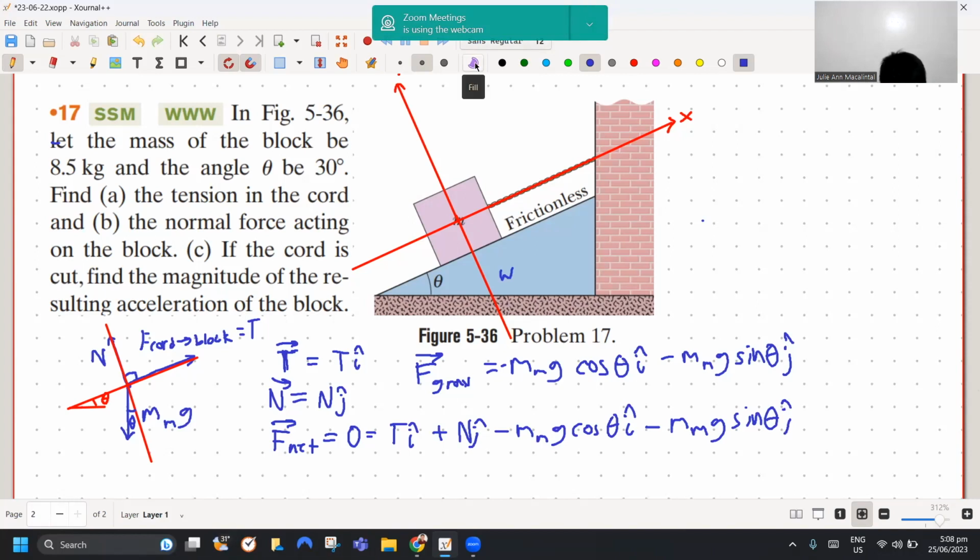Right, that equation can be written as two separate equations, one for x, one for y. So write down those two equations. The sum of the x components should be 0. The sum of the y components should be 0.